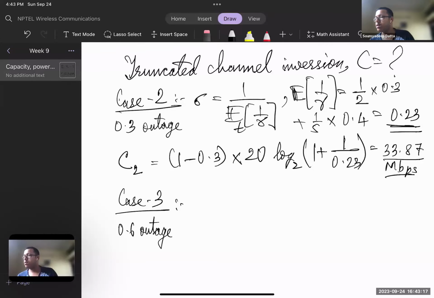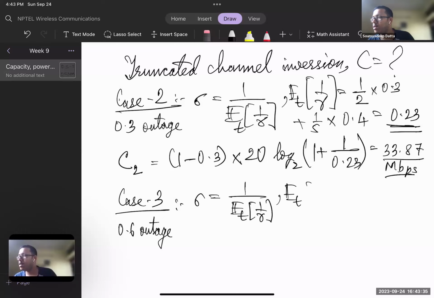So let's now take the 0.6 outage case, where we neglect everything else. So again, sigma equal to 1 by some kind of truncated expectation of 1 by gamma, where the truncated value in this case is, let's just neglect the bottom two channels, the worst channels, and only the best channel is considered.